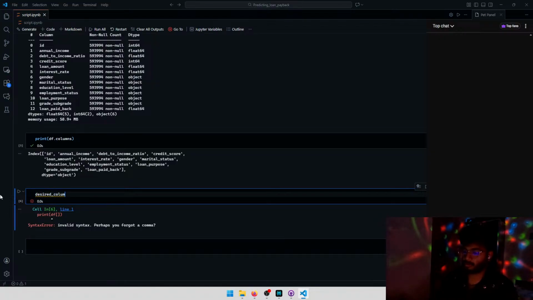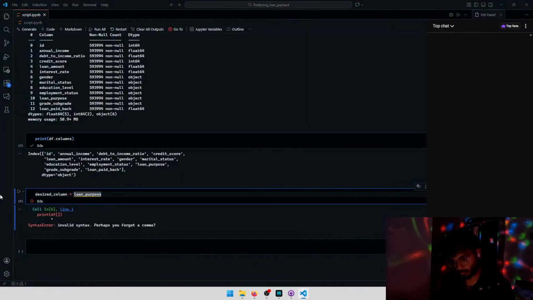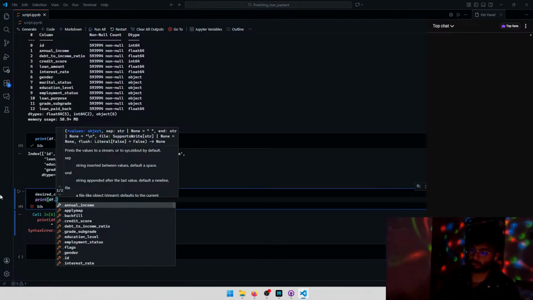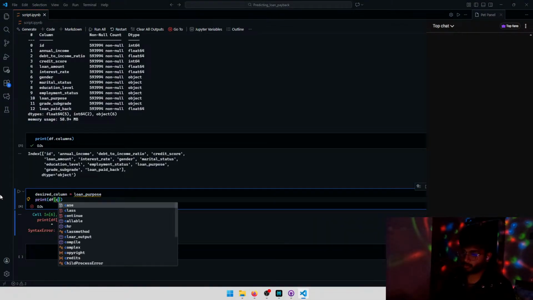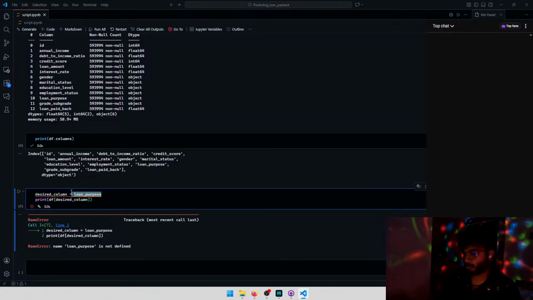Desired column equals loan purpose. Then print df dot loan purpose mode.